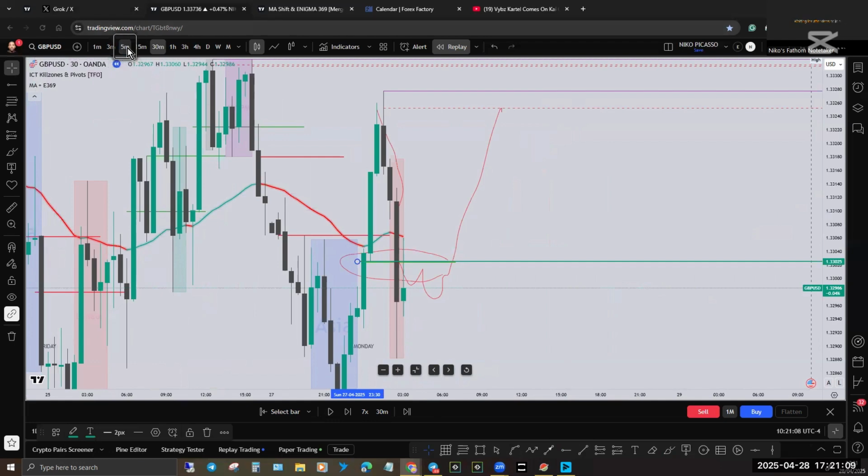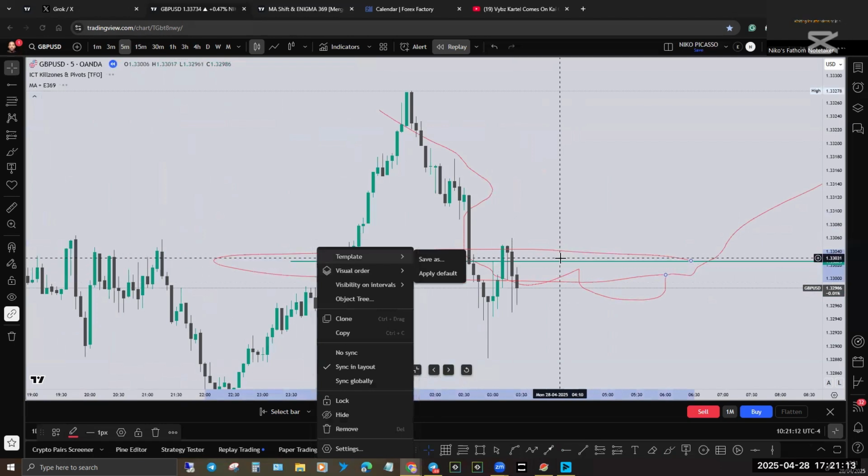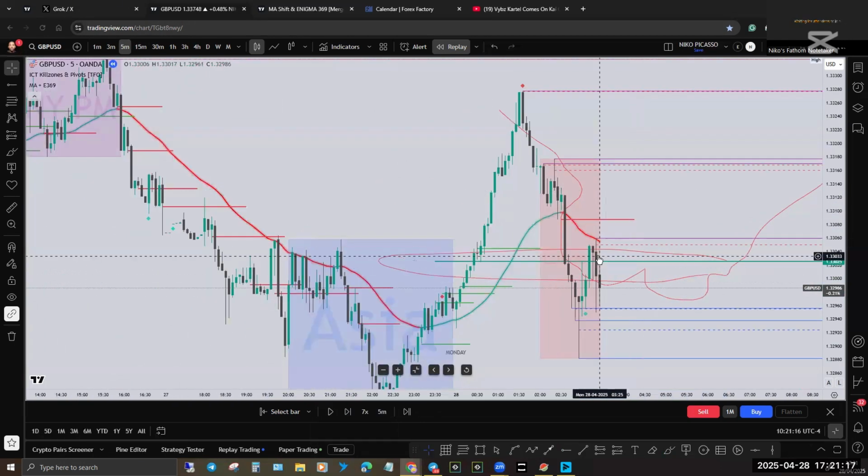So here I'm going to switch the time frame, and I know that this green line, this horizontal ray, represents the same bias line that tells me I should be looking for a buy at this price. Now the market is below this price. When the market is below this price, I can use the history, meaning on the left, we can see that we have key levels here where the market is bullish with the line telling us that we should be looking for buy opportunities in this area. Now the market is here.